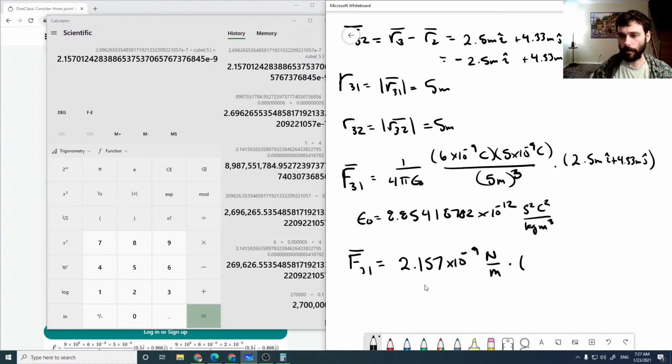And so this is all multiplied by our 2.5 meters i hat plus our 4.33 meters j hat.